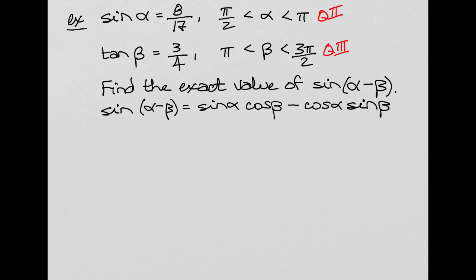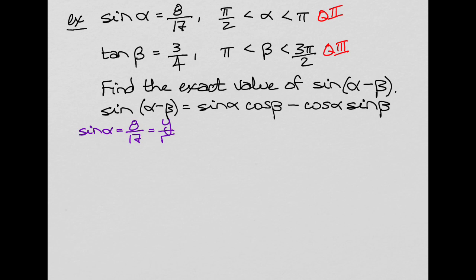For alpha, I know sine of alpha is 8 over 17, which is y over r. And that's great, except for the cosine, I need x. The good news is, if I know y and r, I can find x.